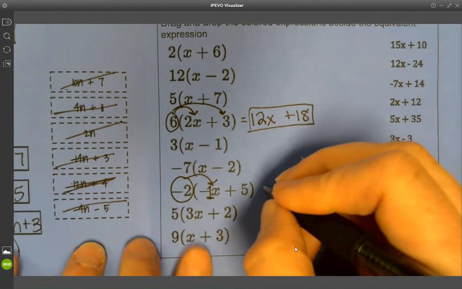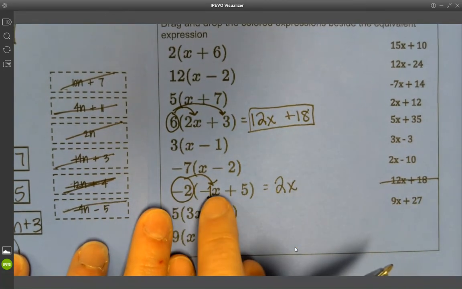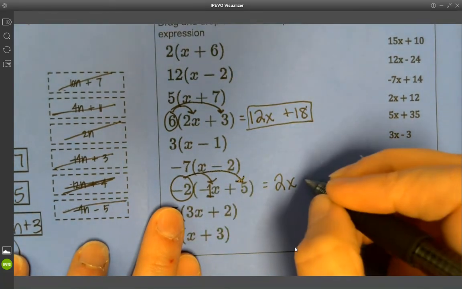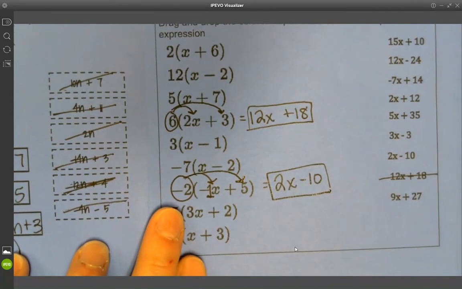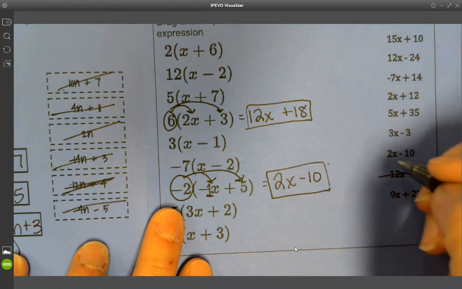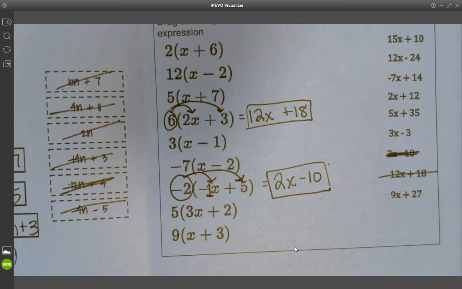Positive 2, yeah. Same signs when you multiply give you a positive. All right, and then negative 2 times a positive 5. Negative 10, good. You can write it either way. Yeah, it's the same. All right, so what I want you to do is finish the rest of these problems.